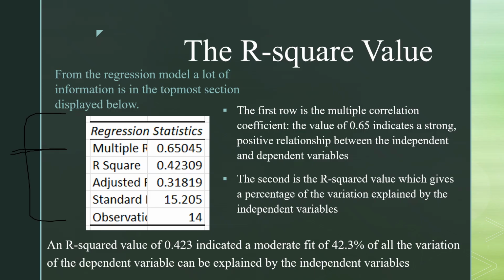This chart also contains our R-squared variable, which explains the percentage of variation that can be explained by your independent variables. The R-squared value in this chart is 0.42, which indicates a moderate fit. So of all the variation of the dependent variable, 42% of it can be explained by the two age demographics.